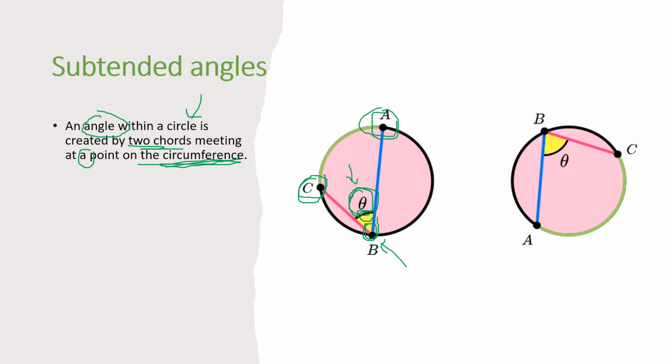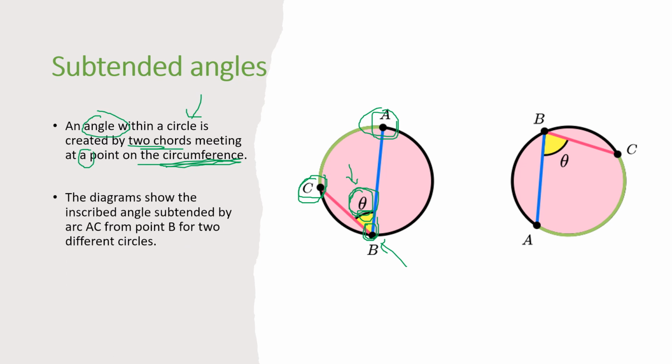Similarly in this example also, the diagrams show an inscribed angle. This angle theta is subtended by arc AC, from point B. Theta is an inscribed angle subtended by this arc.